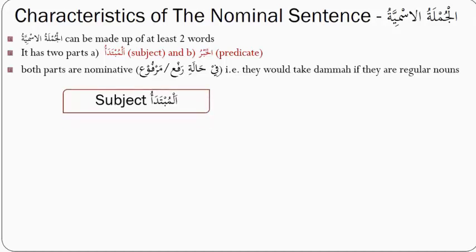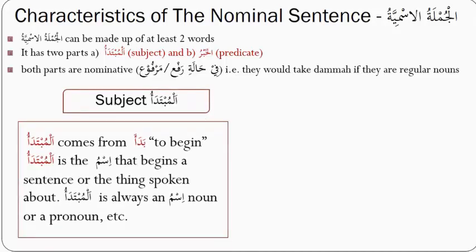The subject or the mubtada. What is the subject? The mubtada comes from bada'a, which means to begin. Al-mubtada is the ism that begins a sentence or the thing that is spoken about. Right? The mubtada is that ism that begins a sentence, or is representing that thing that is spoken about.